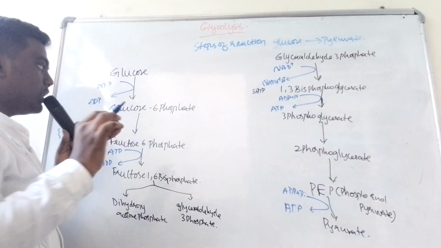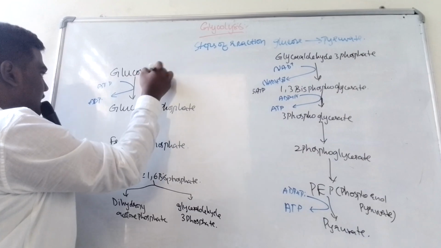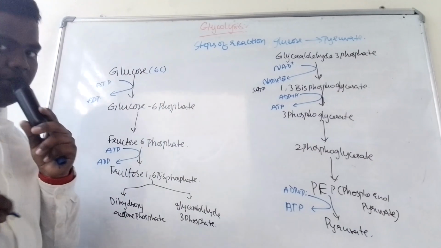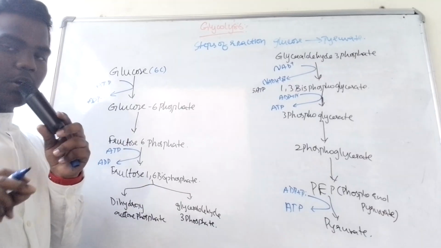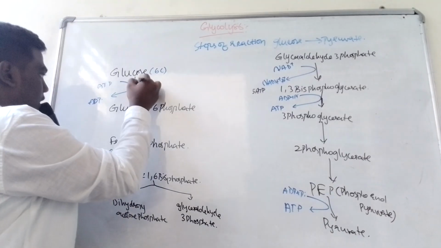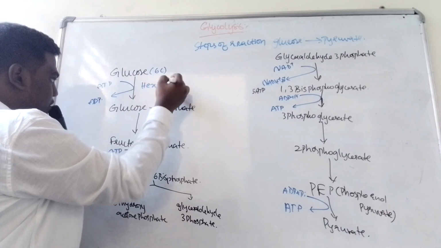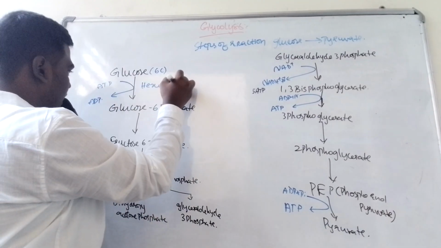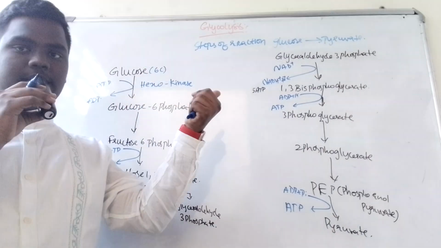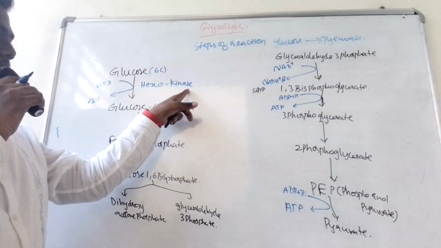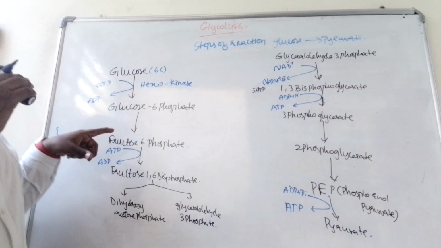Okay? Here, glucose is a 6 carbon atom. We all know that, right? Glucose, fructose, these two are 6 carbon atoms. So the enzyme used here is hexokinase. Hexo is nothing but 6 carbon atoms, and kinase, why are we saying kinase?